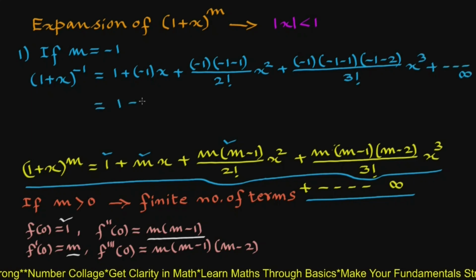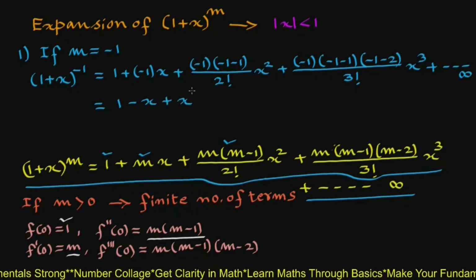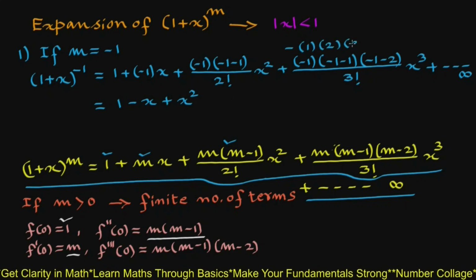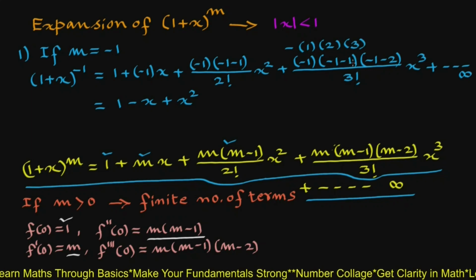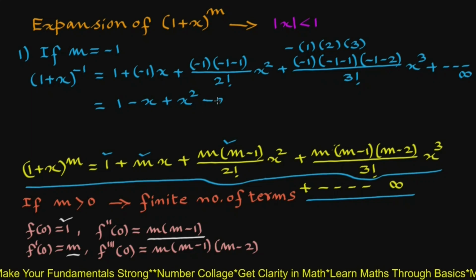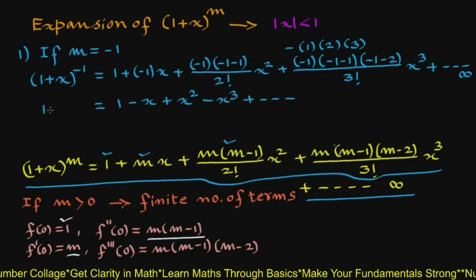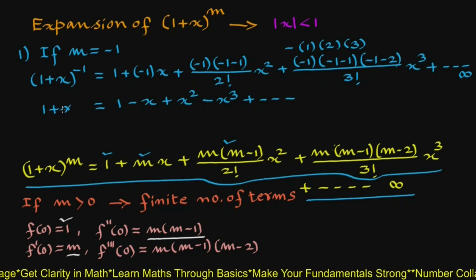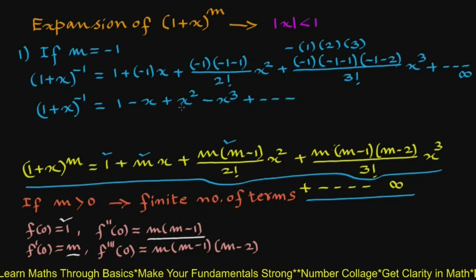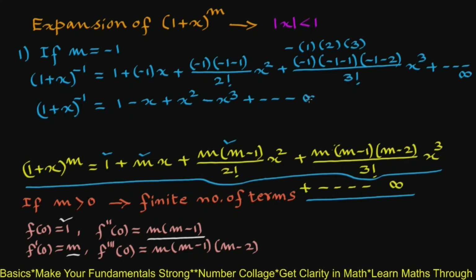This will be 1 - x + 2/2! will be 1, so it is x^2, minus 1 into 2 into 3, which is 3 factorial, that cancels with this 3 factorial and gives us minus x^3 plus so on and so forth. So the first important result that we get is (1 + x)^(-1) is 1 - x + x^2 - x^3 + so on and so forth up to infinity.